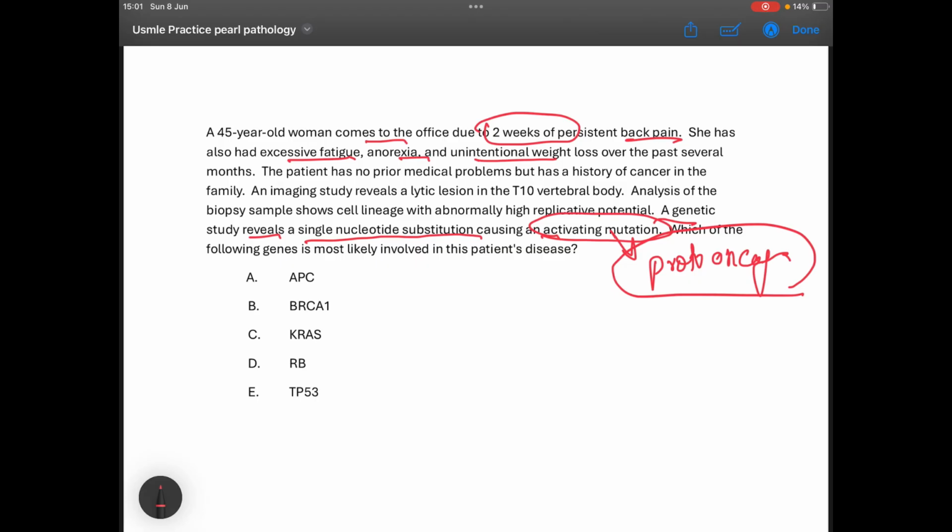It's a proto-oncogene because they are saying activating mutation. Secondly, they are describing these symptoms, which are more commonly related to colon cancer. And we have to check which of the following genes is a proto-oncogene.